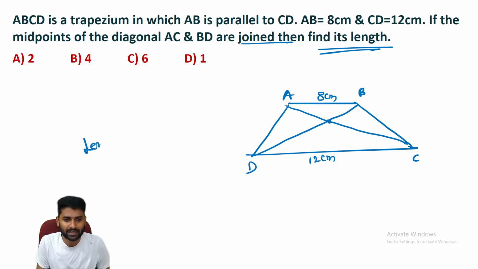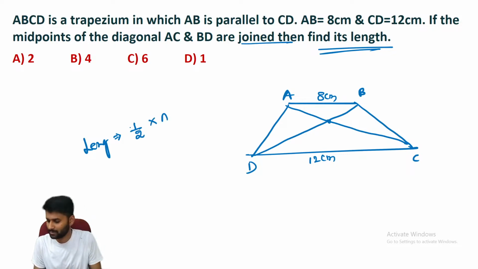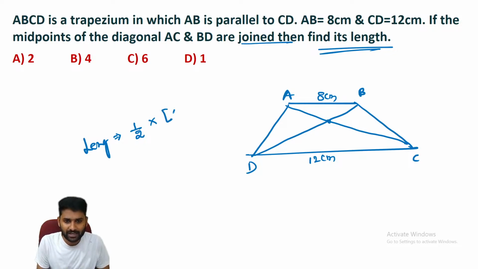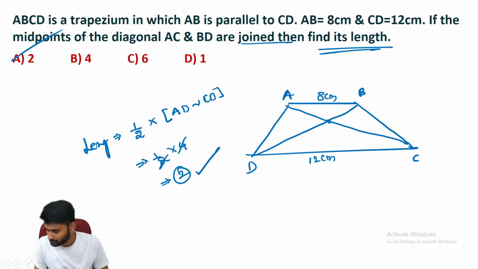Guys, if you want the length, remember the formula. You already know the area of the trapezium formula, right? But we need only the length. So if you want the length, the formula is half of the difference of the opposite sides: 1 by 2 into (L minus B).